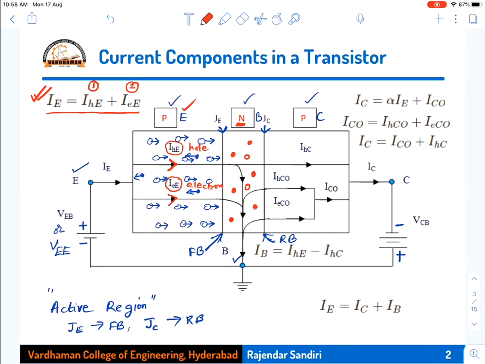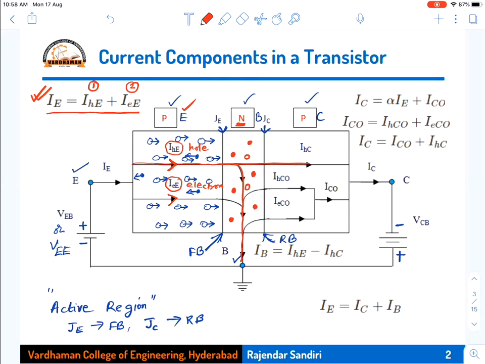This whole current is coming like this, and some portion of these holes are recombining with the electrons, and the current that is flowing like this, the remaining current, will be flowing in the forward direction.